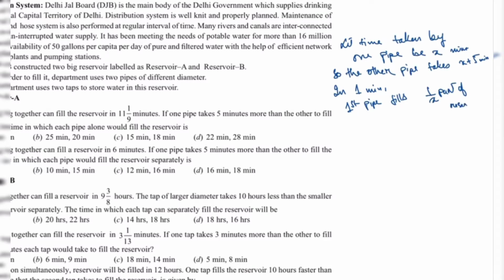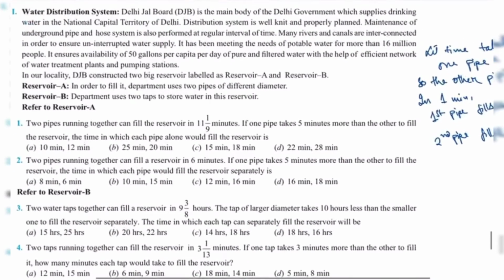So yeah, reservoir. Second pipe fills 1 by x plus 5 part of reservoir. So yeah, okay. Together they fill 11 and 1/9 minutes. So you can clearly see that this is 100 by 9.